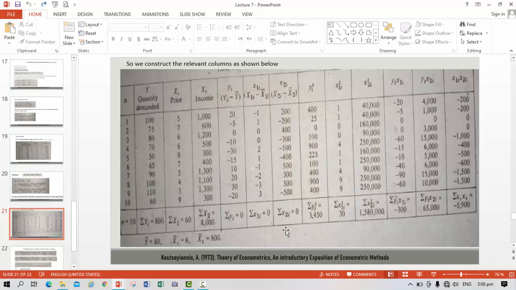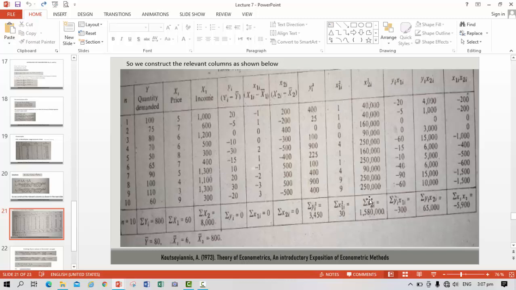At the end, we take the sum of the columns constructed for the deviated values of y, x1, x2. So when we add the small y square, we get summation y square, 3450. The summation of x1 square will be 30.